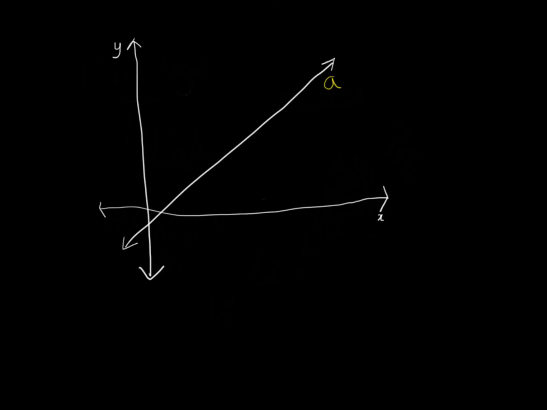I'll just change the pen color here. Alright, so this here, where this line cuts the y-axis, is called the y-intercept.